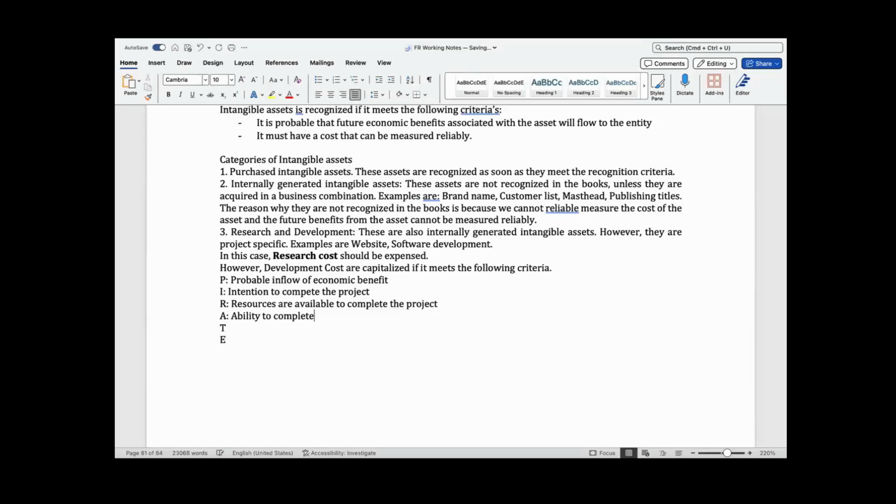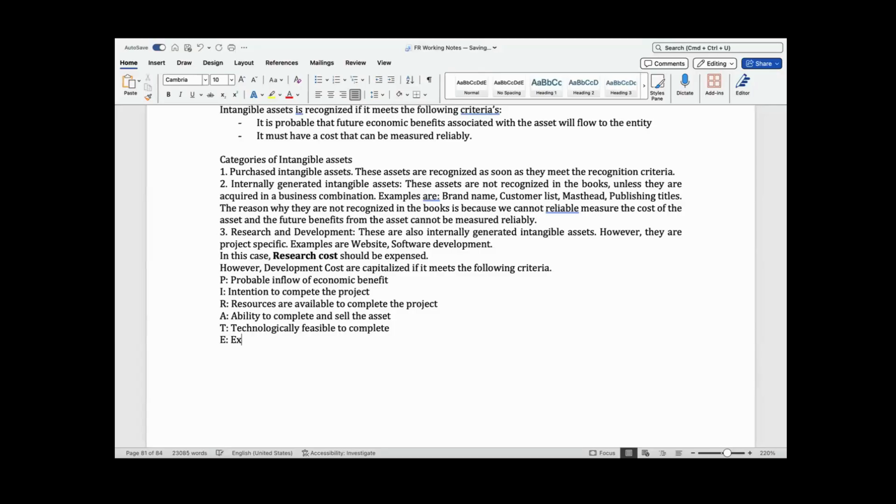Not just that you want to, you have the intention to, you have the ability to complete and use and sell the asset. Also, it has to be technologically feasible to complete.